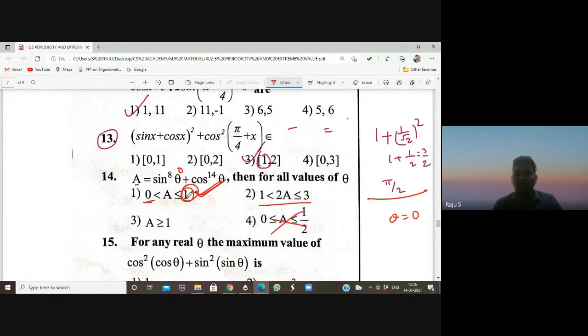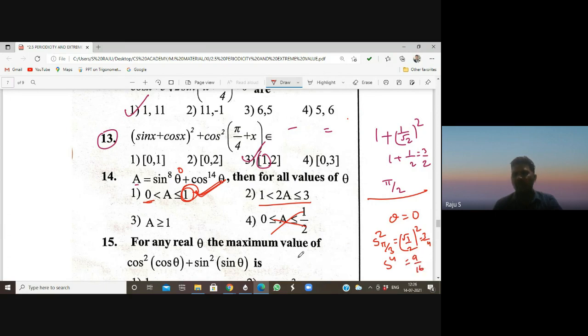And also see here, the sine value is at most 1. For example, take sine 60, which is root 3 by 2. Sine square is 3 by 4. Sine power 4 is 9 by 16.